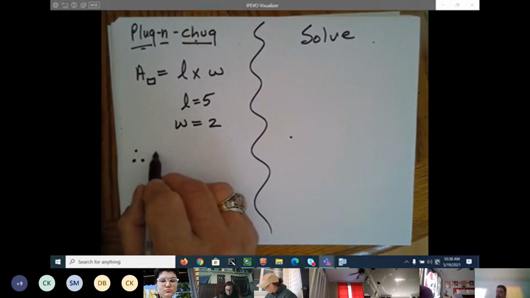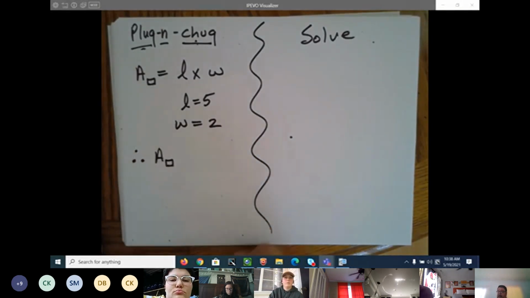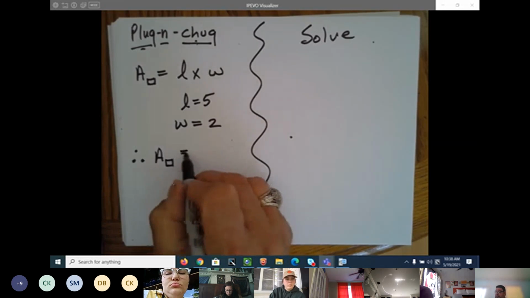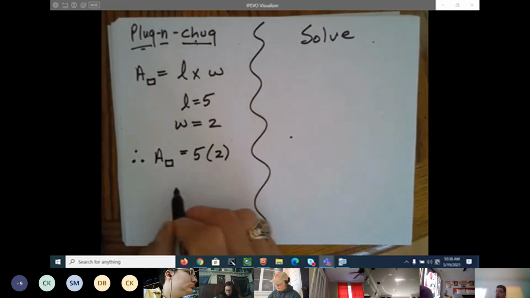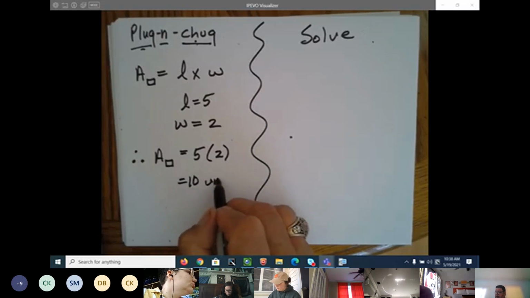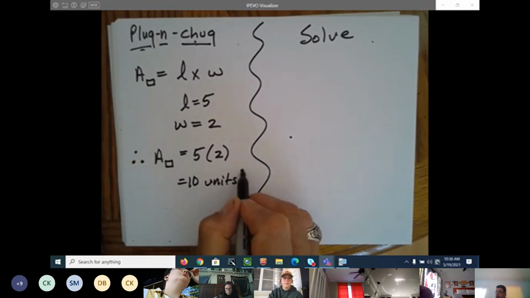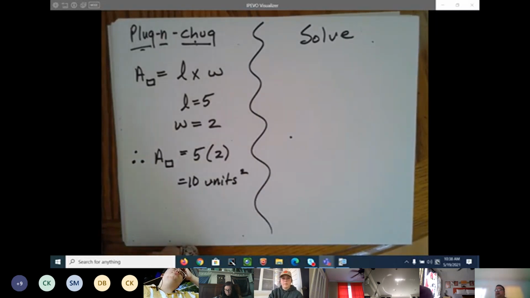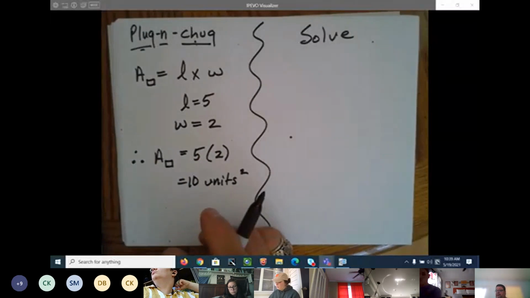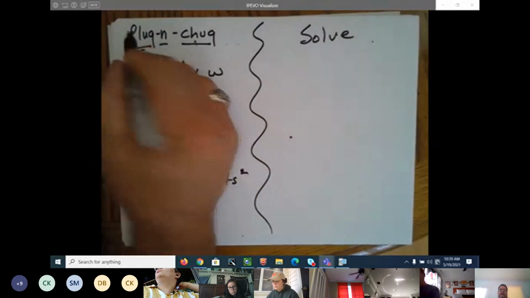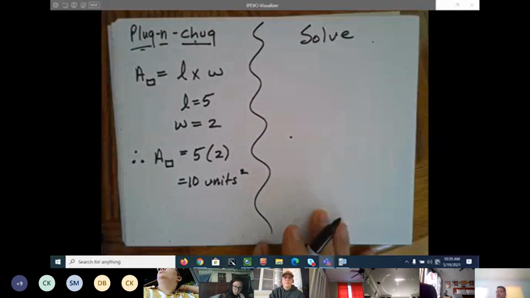Therefore, the area of the rectangle is equal to 5 times 2, which is equal to 10 square units. Half of you don't even have to write that down because you're used to doing these, because they usually are pretty simple.